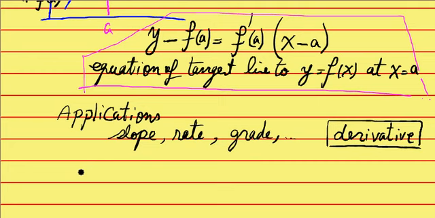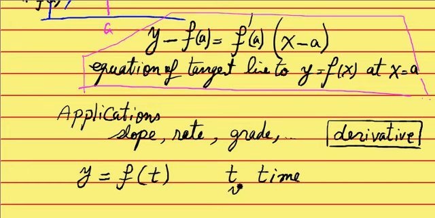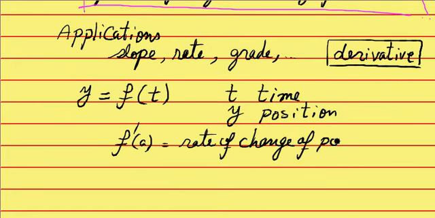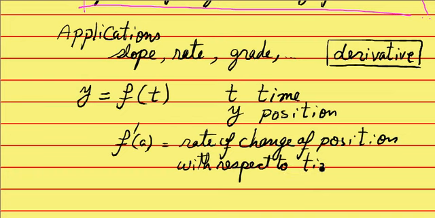For example, when I have y is equal to some function of t, and t indicates time, and y indicates position, then if I calculate f prime of a, in that context, it's going to mean the rate of change of position with respect to time at time equal to some given value, say a.